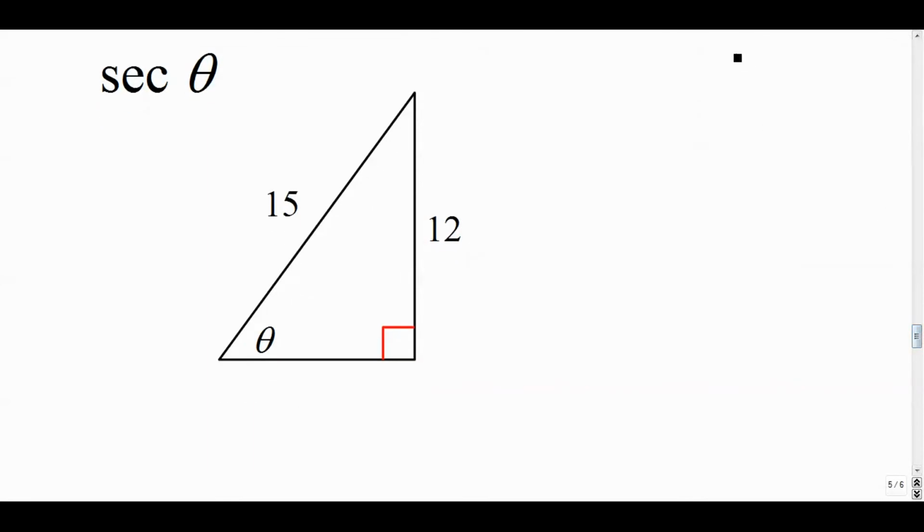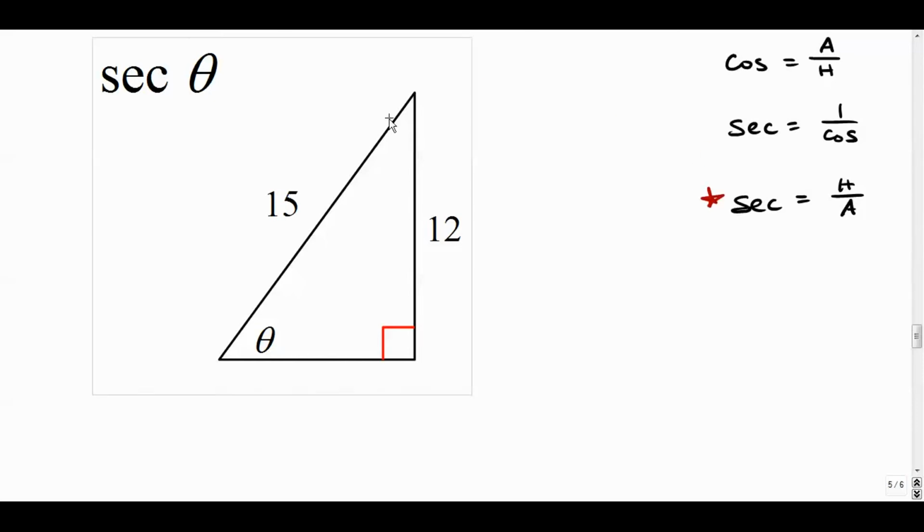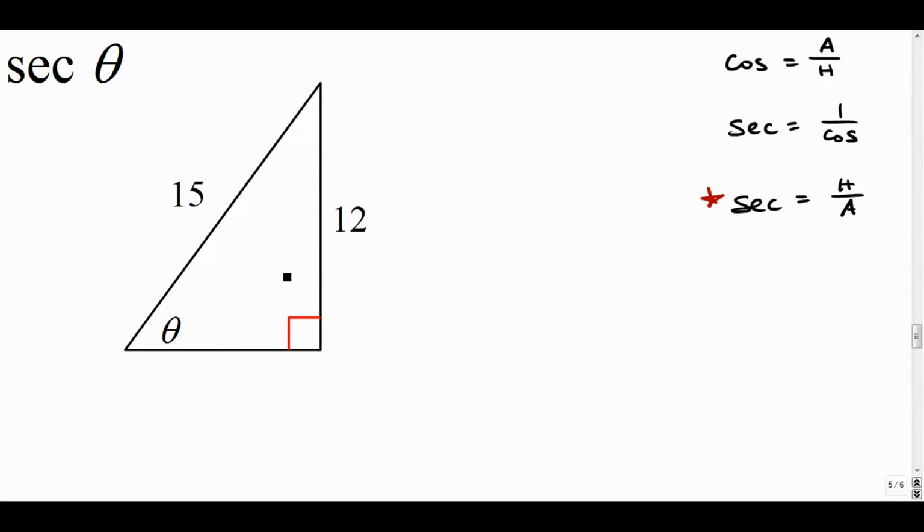Two more here. Remember, cosine is adjacent over hypotenuse. Secant is 1 over cosine, it's the reciprocal function. So secant is going to be h over a. Just flip cosine over. So here we go. Hypotenuse is 15. So the secant of theta is 15 over the adjacent.